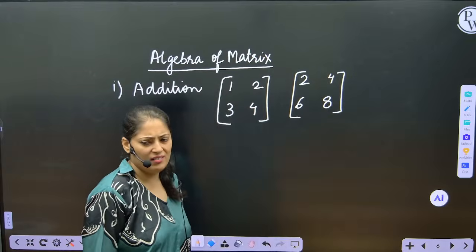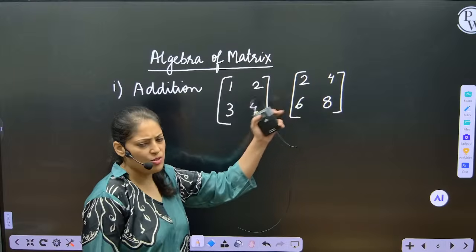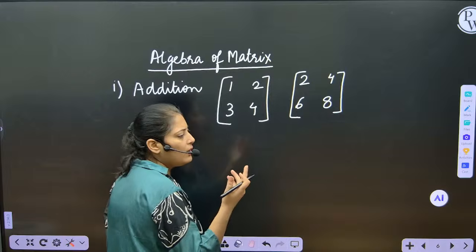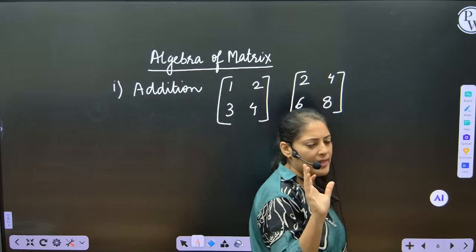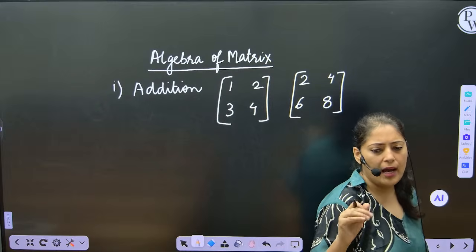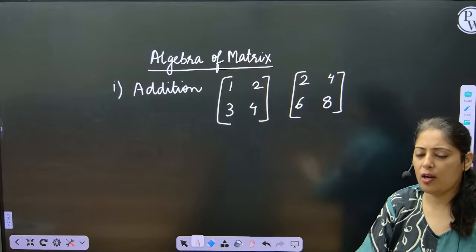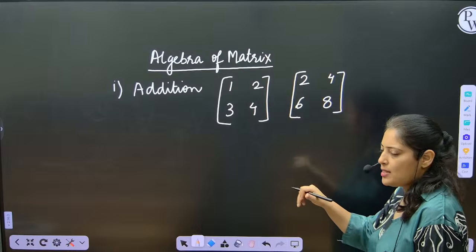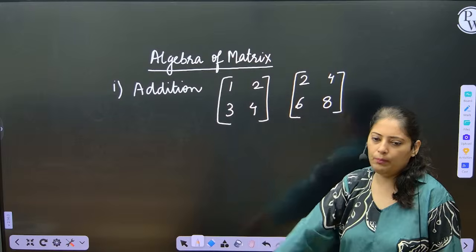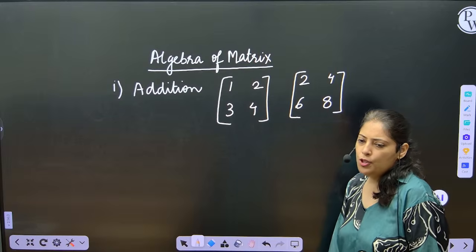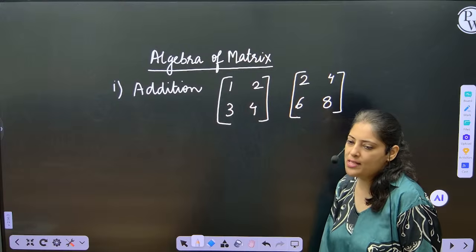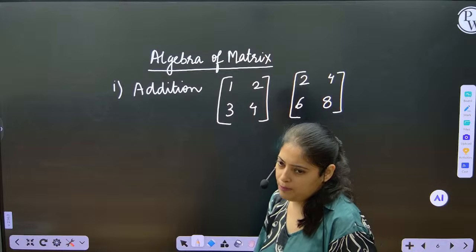Randomly I have taken. It is not necessary that it has to be a multiple of it. Nothing is necessary. The condition which is necessary is that the order should be the same. Only then addition and subtraction are possible.